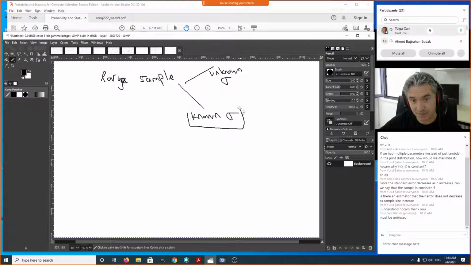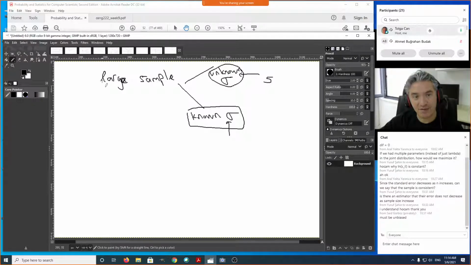In that case, the standard deviation of the individual data points may be known, or it may be unknown. In the case that it is unknown, we are going to estimate this standard deviation with S, the sample variance. We are going to use our estimate for sigma when we have unknown sigma.